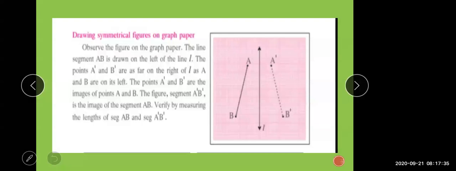The line segment AB is drawn on the left of the line L. Look here.